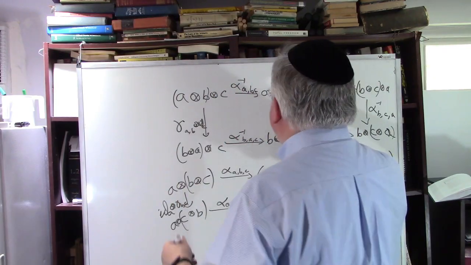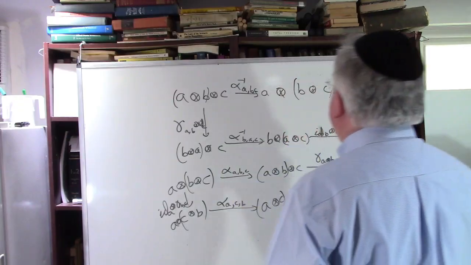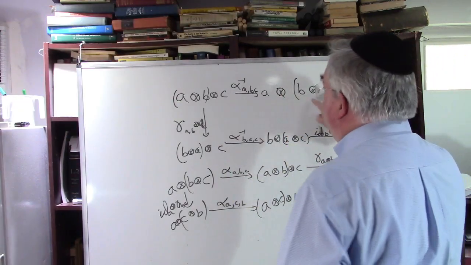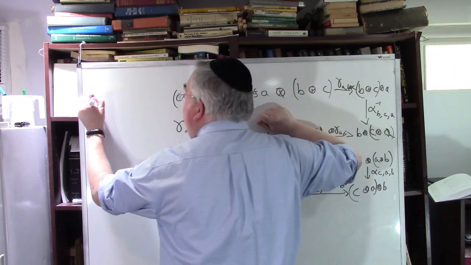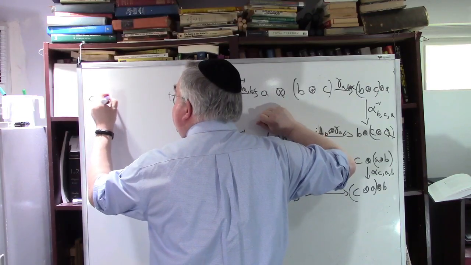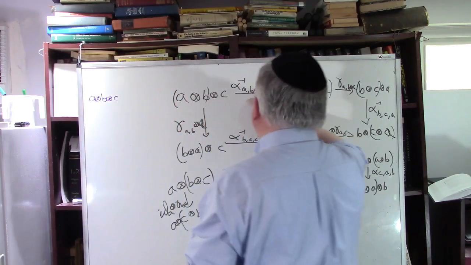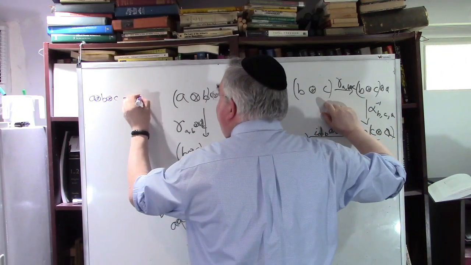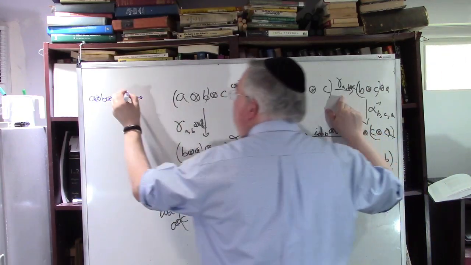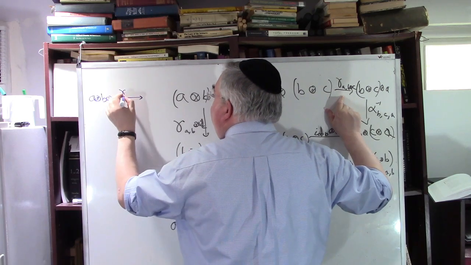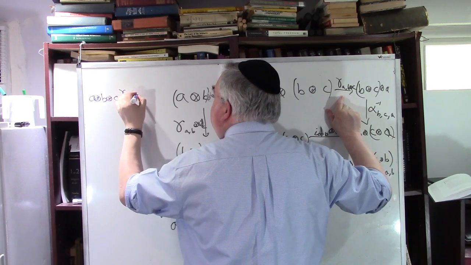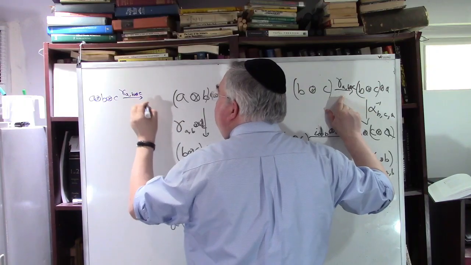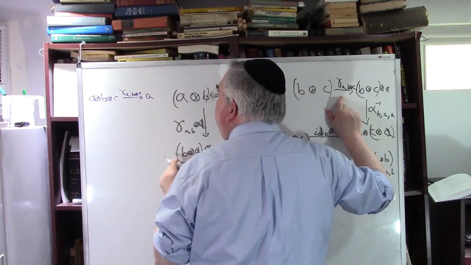So this is going to shrink down to A tensor B tensor C. That's this. Okay, and basically there's a map from that. So this is going to be a gamma of A, comma, B tensor C. And so this becomes A, no, sorry.